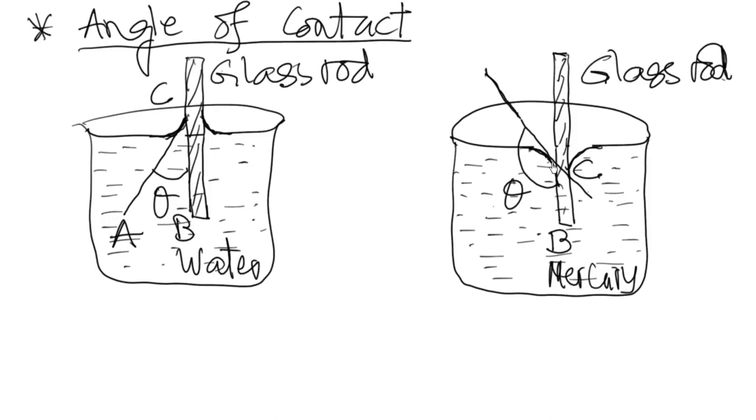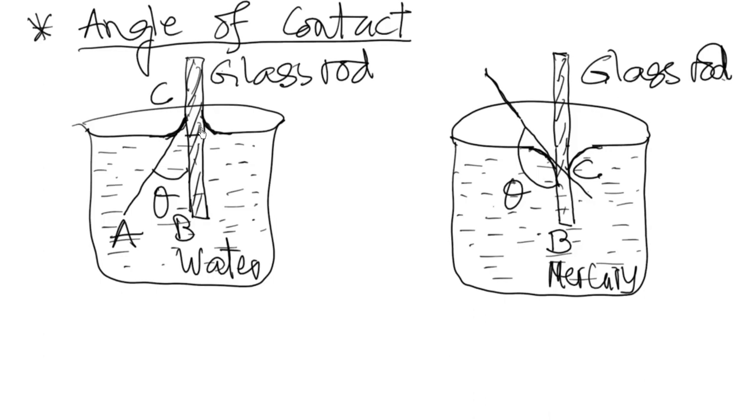Rather, the free surface bends either upwards or downwards. It is observed that in case the liquid wets the solid, for example, water and glass, here is a glass rod and this liquid is water, the liquid surface actually rises.